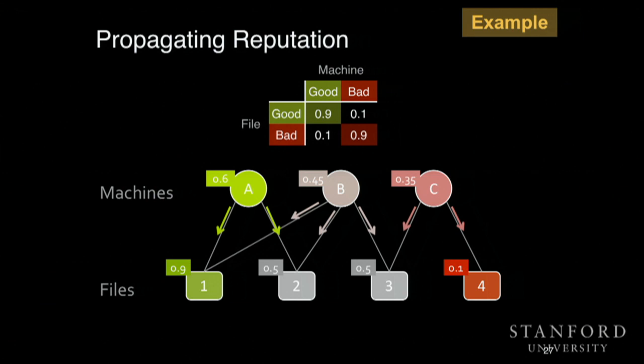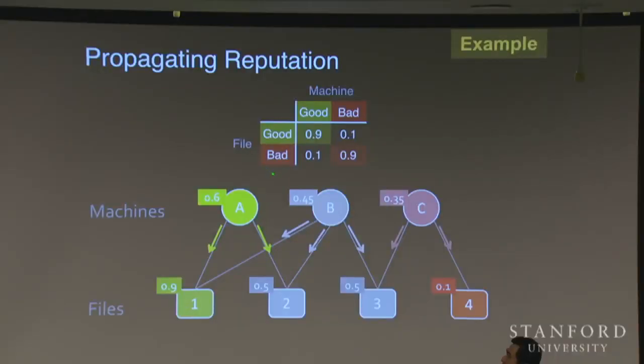Why is it so? Because we are using the homophily concept, right? The idea is that things that are similar would be connected. So that means machine A is slightly good, so it will be telling file 2 that, well, you are probably also good. Similarly, machine C would be telling file 3 that you're probably bad because I'm bad, right? So that is what each message is about.